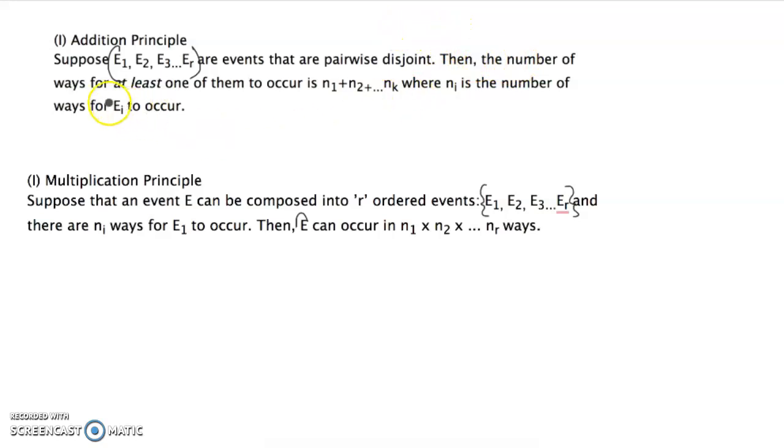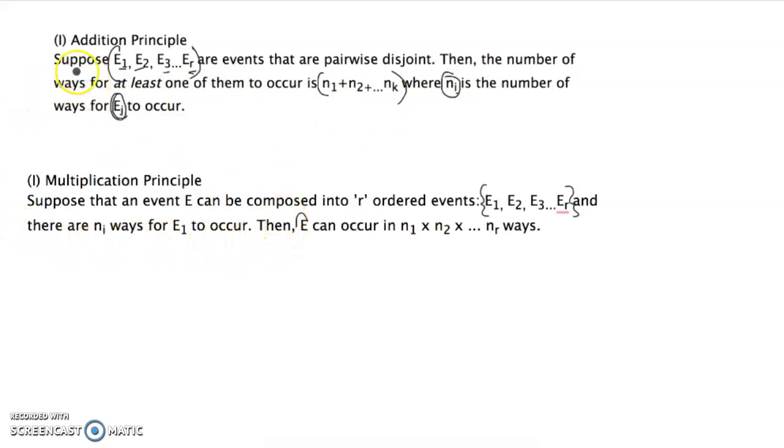Then the number of ways for at least one of them to occur is N1 plus N2 plus Nk. So what this means is that this is the number of ways for at least one of these events to occur, where this value over here is the number of ways for another event to occur, where this i over here, if you notice carefully, is equal to the i in this event.